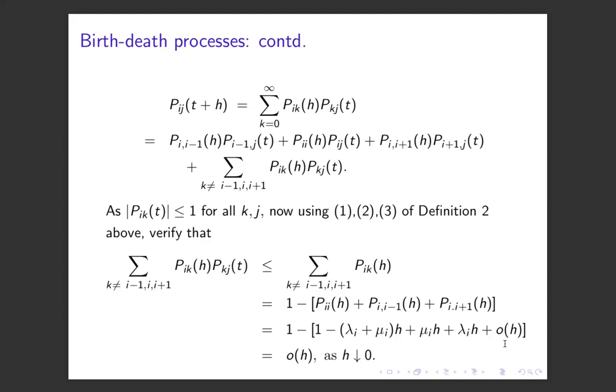So you are left only with the small order h terms. The three of them, one coming from here, one from here, all together are also small order h. In other words, in this summation, the contribution from this term is very negligible.